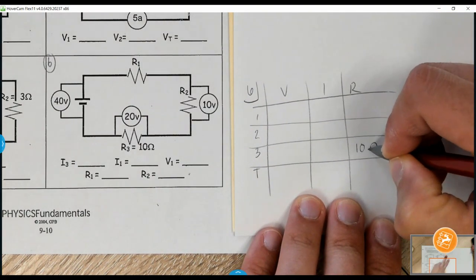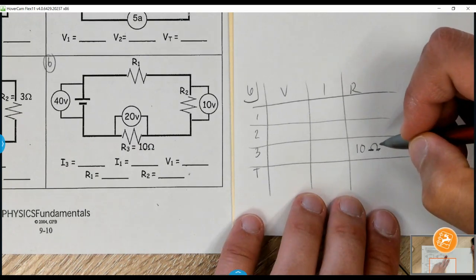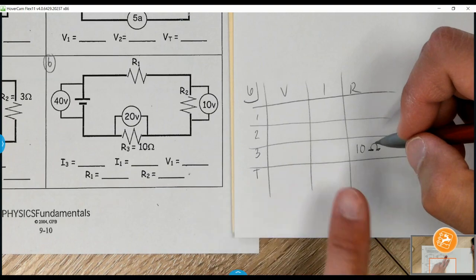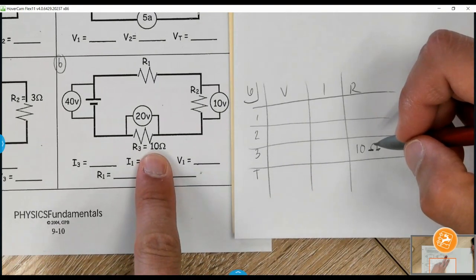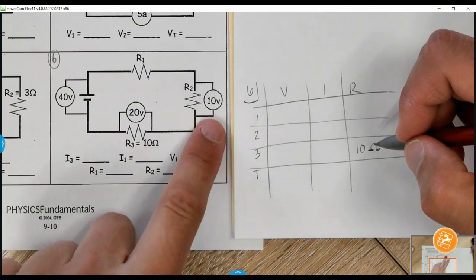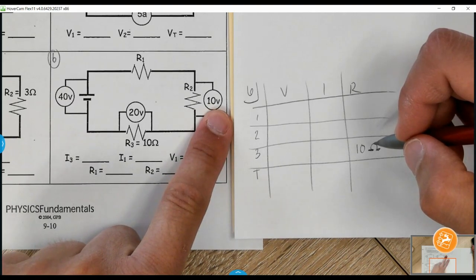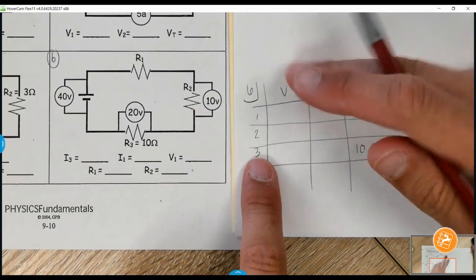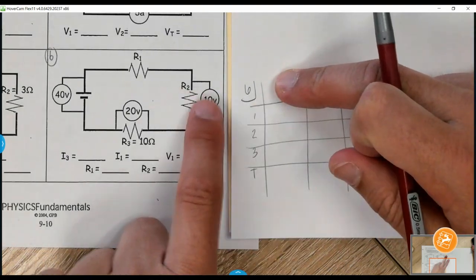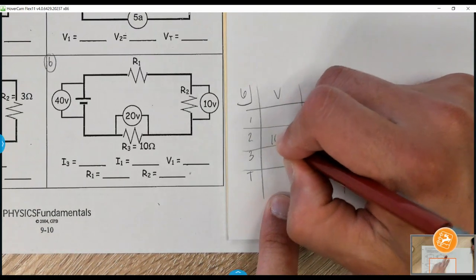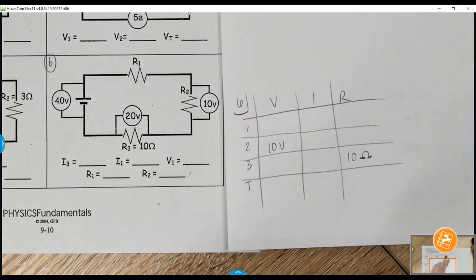Good. What else? We don't know what R2 is because we don't have an ohm value, but you saw this. What letter is that? It's going to go with V, and since it's over position 2, it's going to be V2. So V2, we're going to have 10 volts. What other numbers do we have?